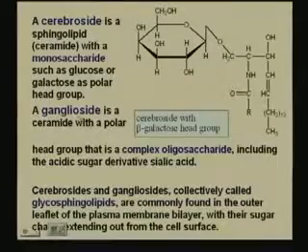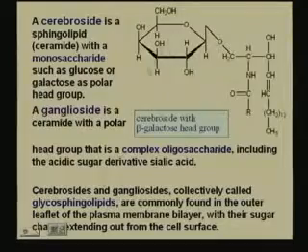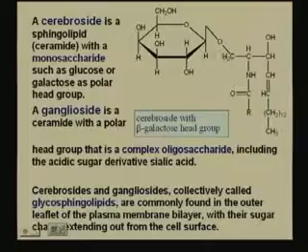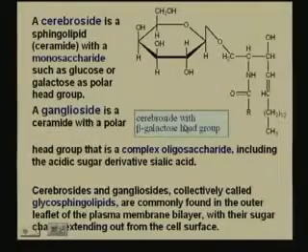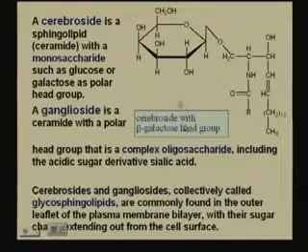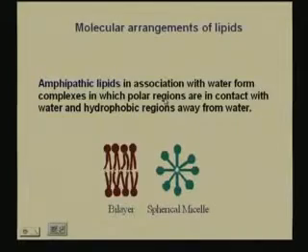So, we can have a cerebroside if you have just a simple sugar, or you can have a ganglioside when you have a complex oligosaccharide attached to it. Okay, it's just nomenclature. They are usually found in the membrane bilayer, which is why we have to consider all the different types of possibilities of the sphingolipids or the lipids themselves. Okay. Now, what can we do with this?